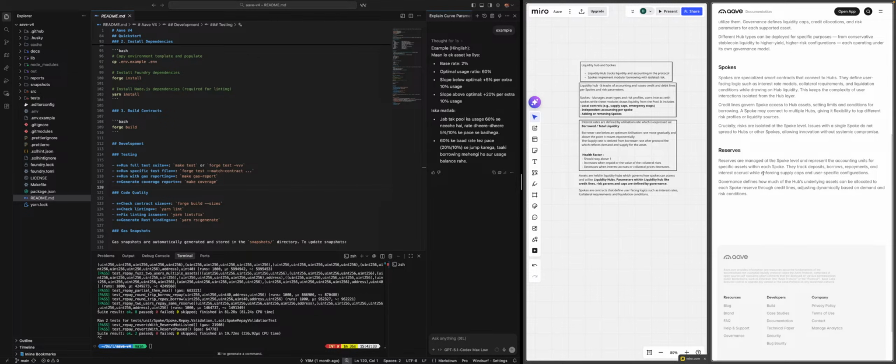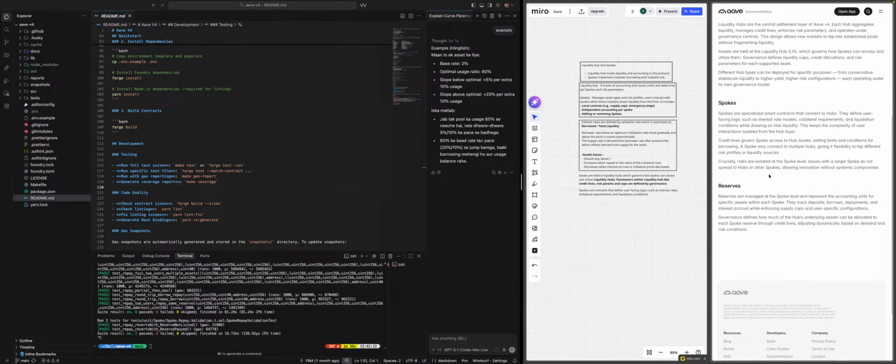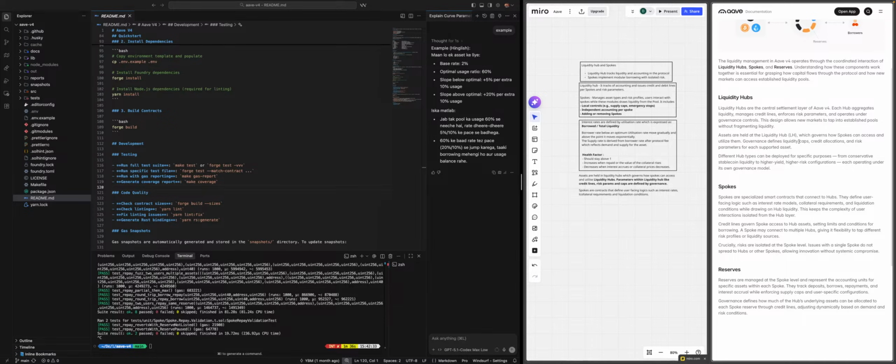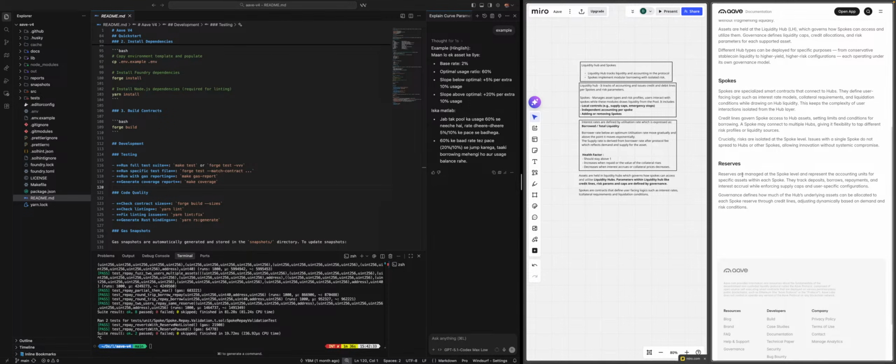Reserves are managed at the spoke level and represent the accounting units for specific assets within each spoke, which is basically where the user interacts.